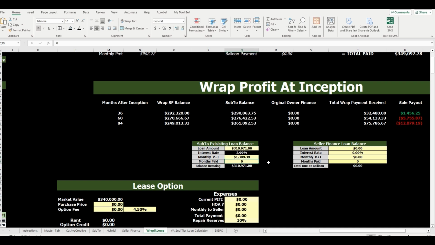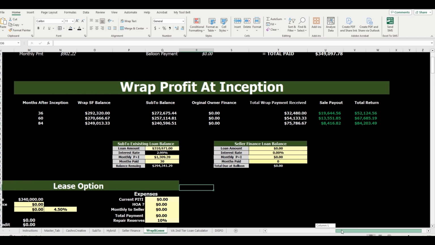And the number of months that this property has been paid thus far is 30 months, meaning that when the loan was originally taken out, the seller has made 30 months of payments on this loan up to this point, which just happens to be December 16th, as of the recording of this video.